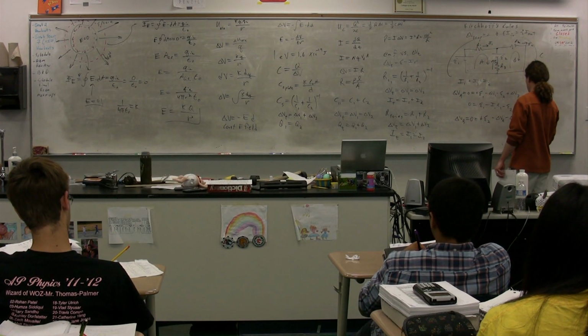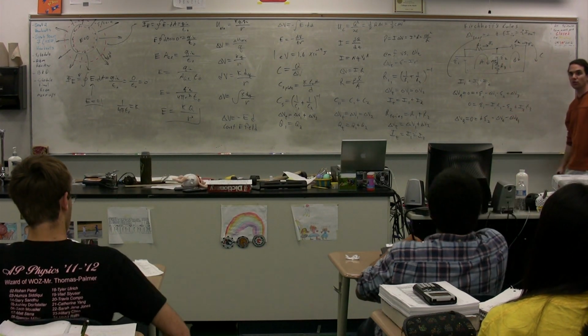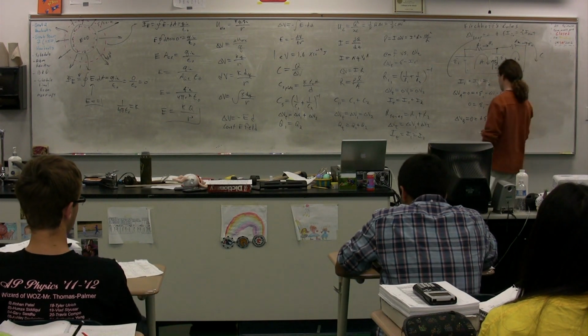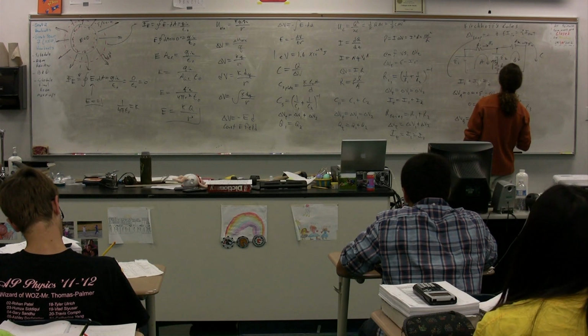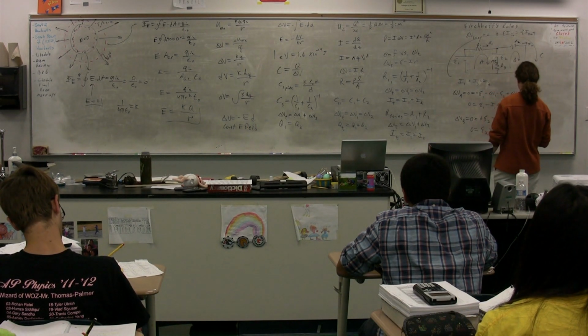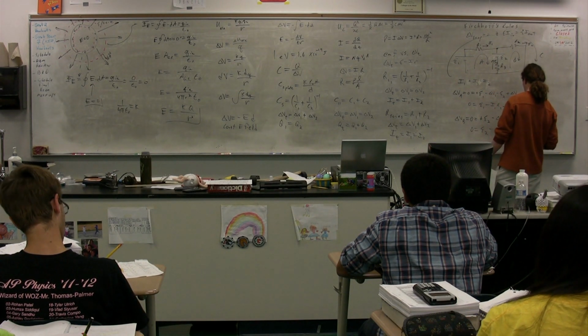Again, because we're going in the direction of the current there, the electric potential is going to go down. So we have 0 equals EMF 2 minus the current through 2 times the resistance of 2 minus the current through 3 times the resistance of 3.